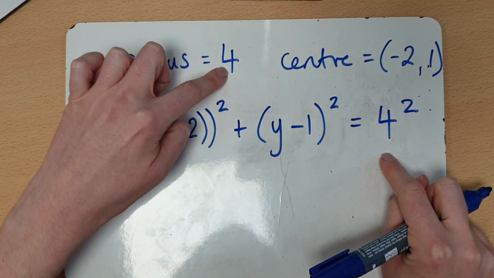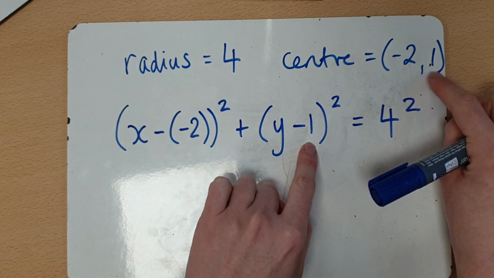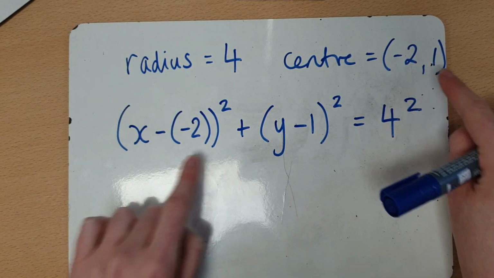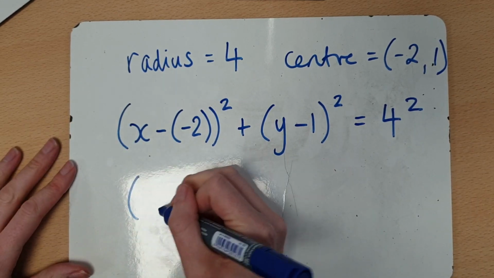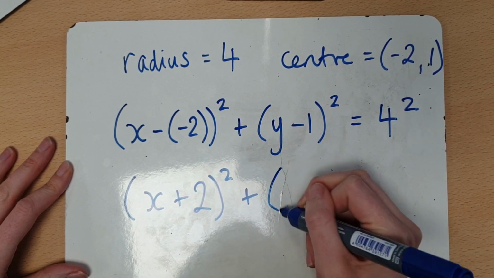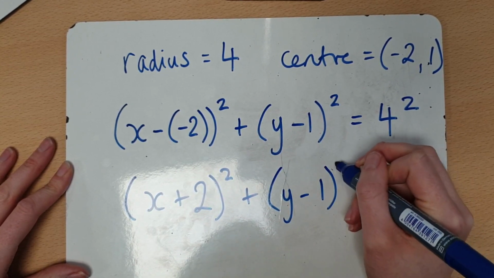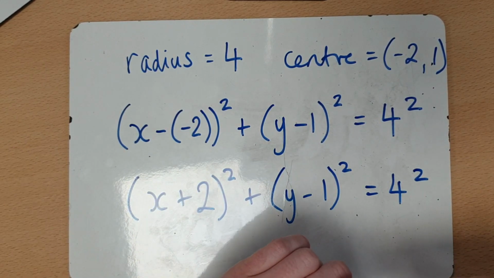So 4 is the radius, −2 is the x coordinate of the centre, 1 is the y coordinate of the centre. And then this bracket here, when we multiply it out, I'm going to get (x + 2)² + (y − 1)² = 4², which of course is 16.